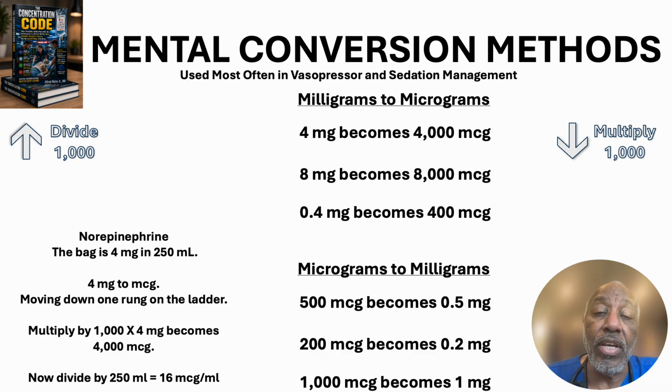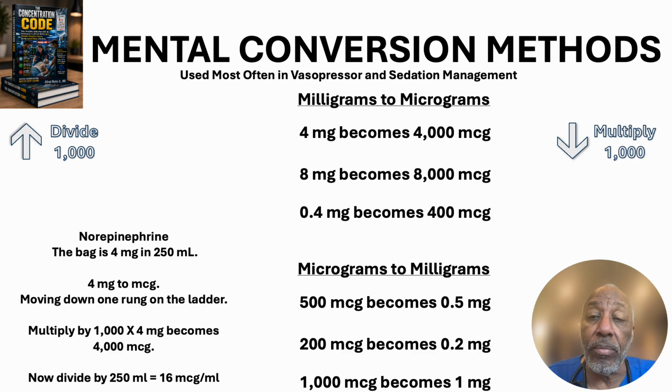If you do that sequence in your head in under 5 seconds, you've got the milligrams to micrograms conversion locked. Practice it with norepinephrine specifically until the number 16 micrograms per milliliter comes to you automatically when you see 4 milligrams in 250 milliliters on a label. That single pattern will serve you dozens of times per month.